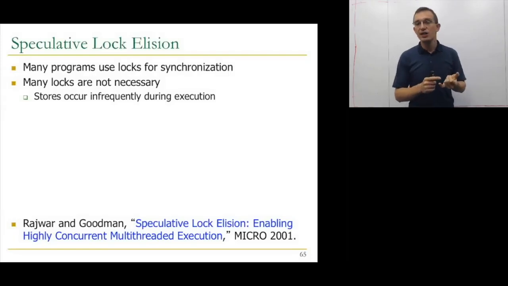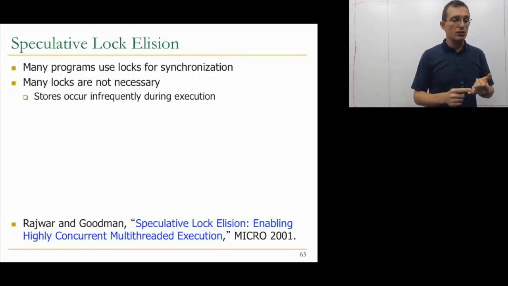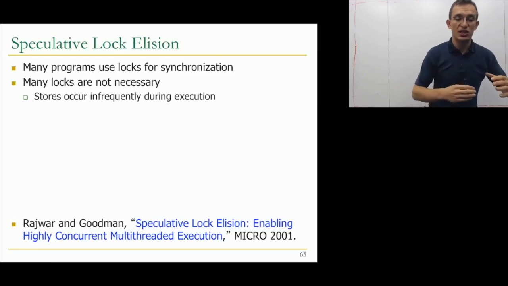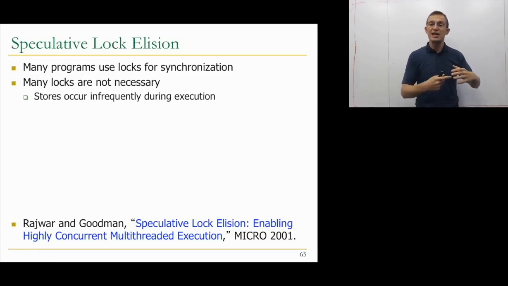There are two main reasons for this. One is that you may need a critical section to protect some updates to shared data, but those updates may occur very infrequently.